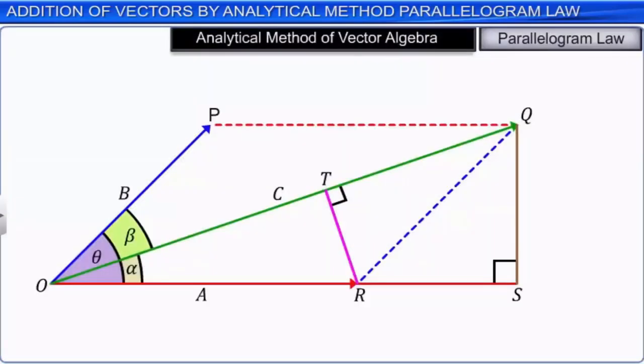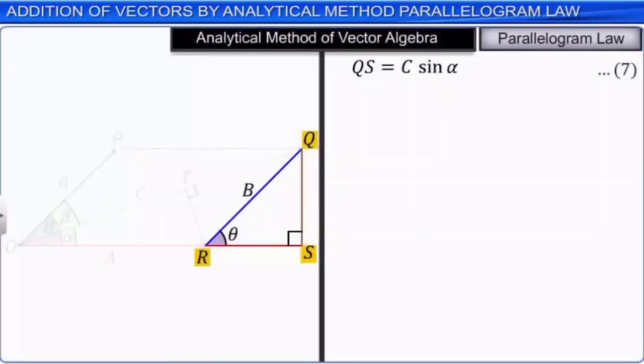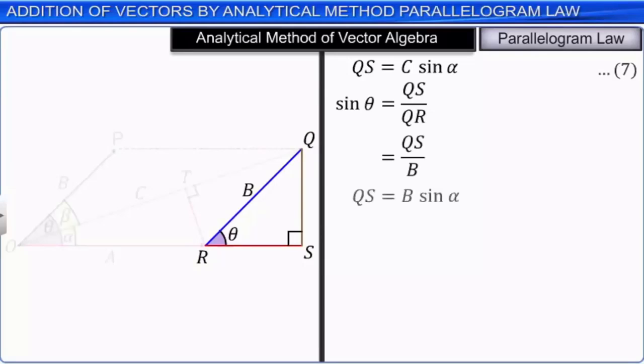Consider the next triangle RSQ. From triangle RSQ, we can write sin theta is equal to QS by QR, which is equal to QS by B. QS is equal to B sin theta.